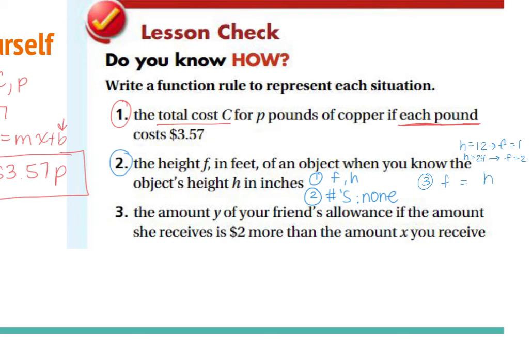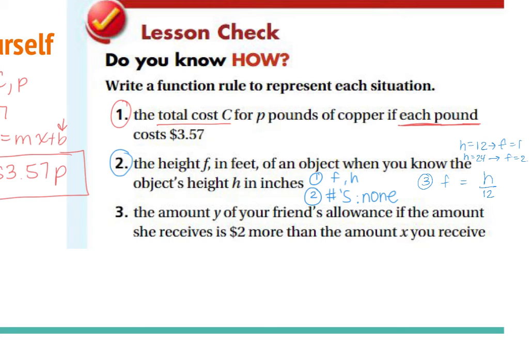What do you think, Tessa? Divide, like 24 divided by 12. Yep. So all it is: F, the number of feet, equals the height in inches divided by 12.